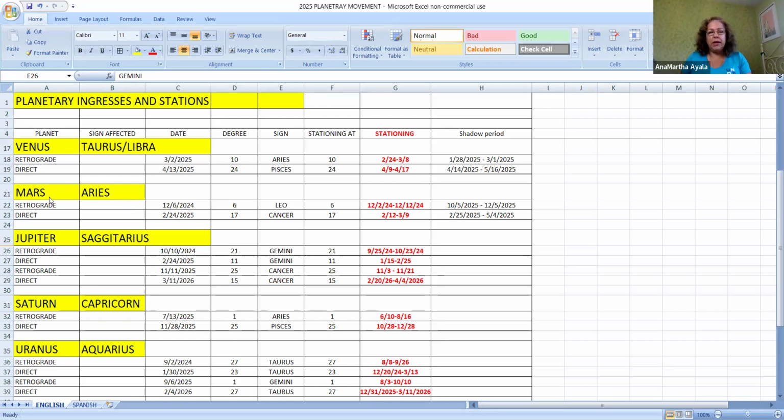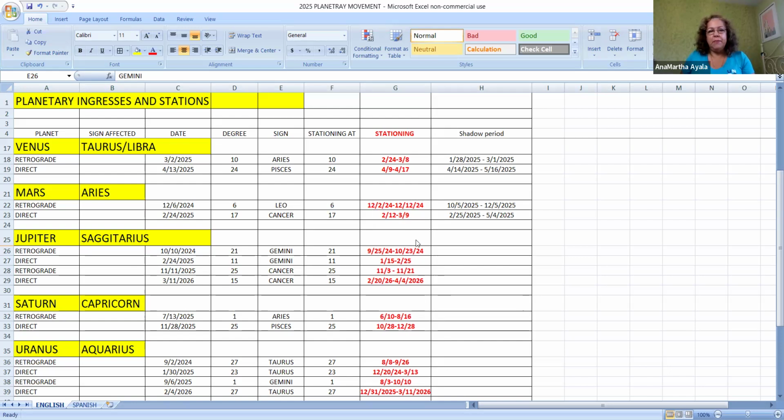So when Mars goes retrograde, the sign that gets affected the most is Aries. Mars will retrograde on December 6th of 2024, and it will go direct February 24th of 2025. It will retrograde at 6 degrees of Leo, and then it will go direct at 17 degrees of Cancer. And these are the stationing dates.